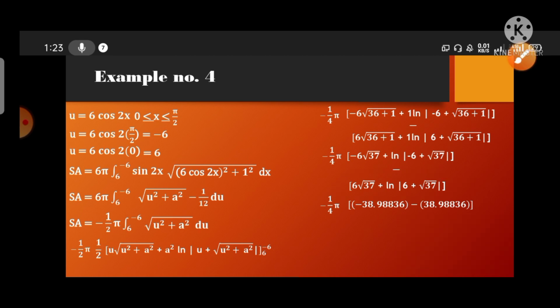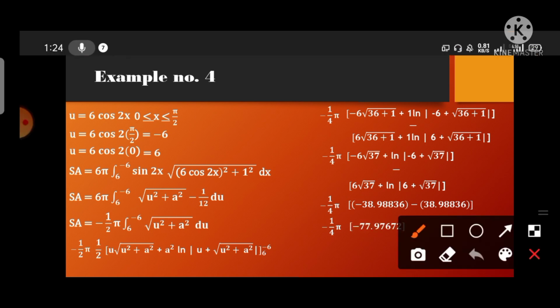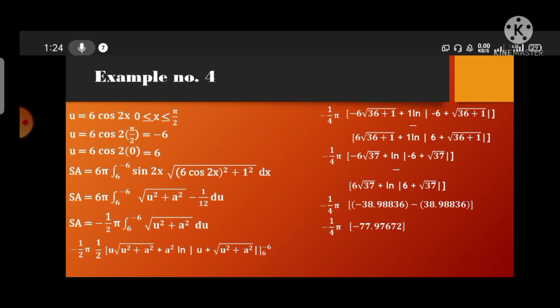So negative 38.98836 minus 38.98836. So, the same value. So negative 1/4 pi, since it is the same negative, we add these and copy the negative sign.